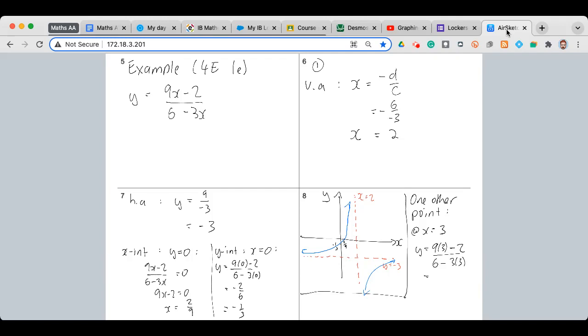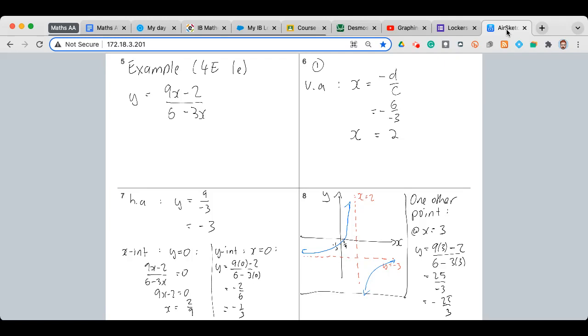I'm hoping for an overall negative result, aren't I? I'm hoping for below y equals negative 3. So I'm going to have 27 minus 2 on top, which is 25. 3 3s are 9, 6 minus 9 is negative 3. So that's kind of good, or just negative 25 on 3. That's definitely below the horizontal asymptote. So what is that? That's 8 1/3.